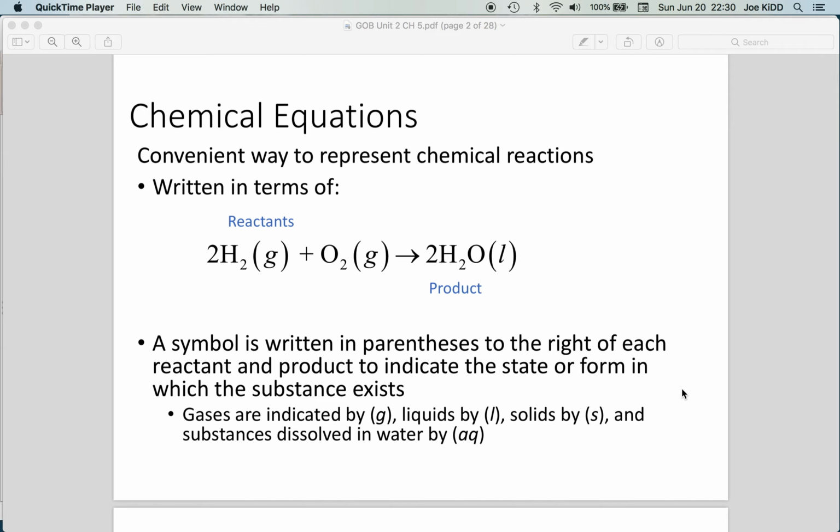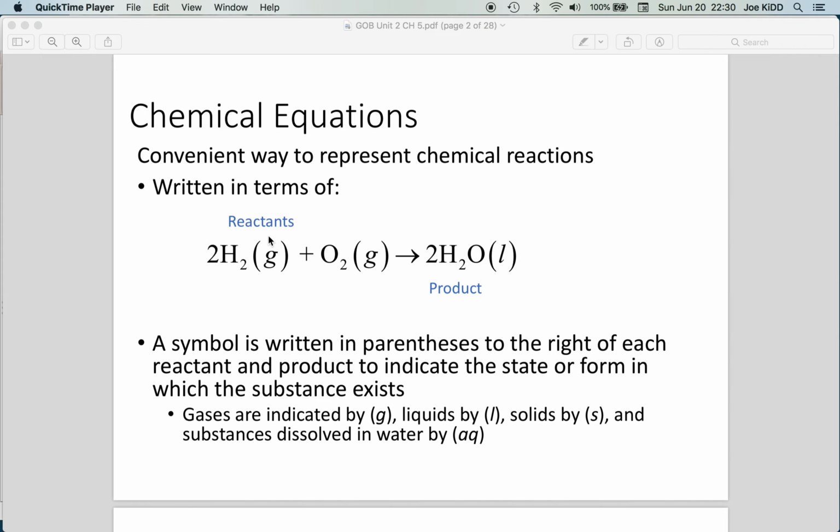So in terms of how we will represent this kind of reaction, we use something called a chemical equation. You can think of it in the same way we use a math equation. There will be math involved with this as we get going, but chemistry uses a lot of extra little pieces.